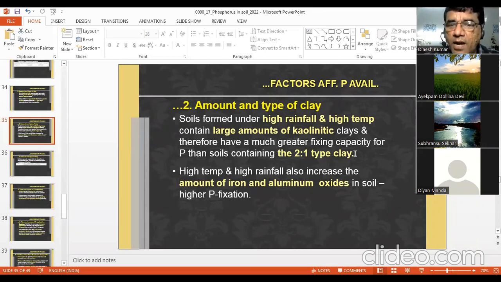High temperature and high rainfall also increase the amount of iron and aluminum oxides in soil, thus higher P fixation. So these are classical examples. These classical examples are available in Eastern India, in Assam or in Orissa or some other areas.